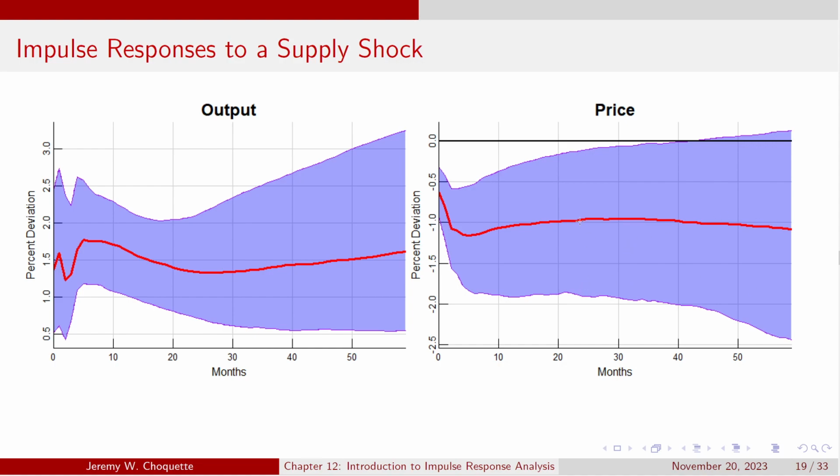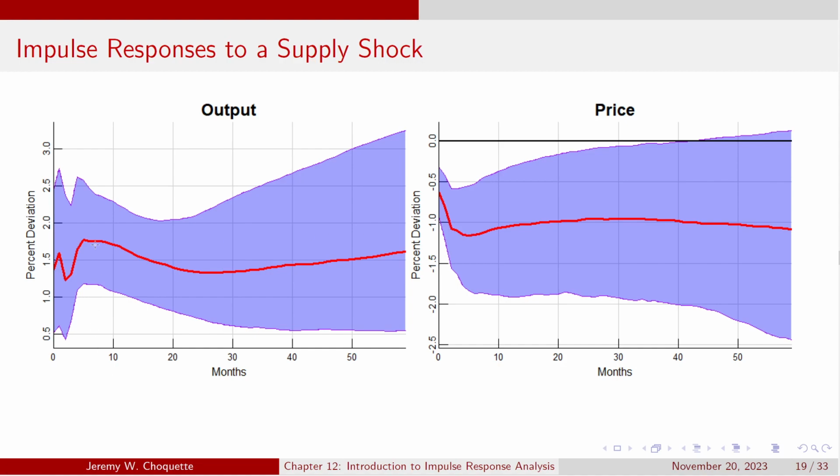But overall, if you think of not what happened at t equals 0, but just the maximum response, the maximum deviation from 0. For output, it's positive. The maximum deviation is right at about this point here. And you can see it's above 0. The maximum deviation is about 1.75% above 0. And then here the maximum deviation is a little over 1%.